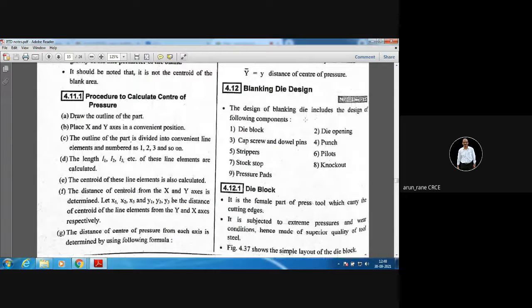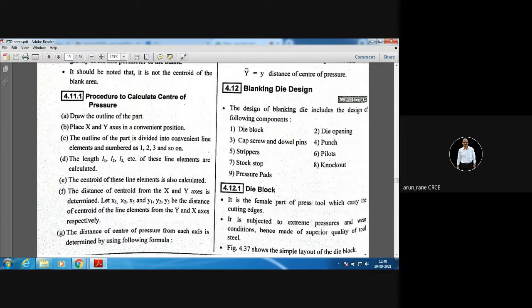Now how to go for the blanking die design. So in blanking die design, these are the components, and these I have also shown in a simple tool. A typical blanking die will consist of die block, then stripper plate, then pilots, then pressure pad, punch, then a number of Allen cap screws, and dowel pins.